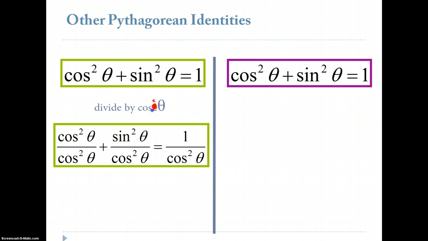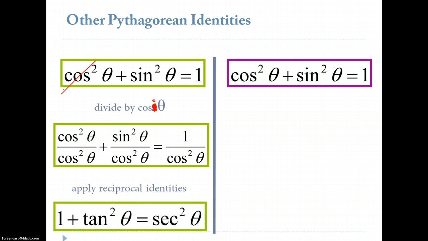When you divide everything by cosine squared theta, automatically this term is going to turn into a 1. Sine squared theta over cosine squared theta becomes the tangent if I apply the quotient identity. And 1 over cosine squared theta becomes secant squared theta if I apply the reciprocal identity. So this is Pythagorean identity number 2. 1 plus tangent squared theta equals secant squared theta.